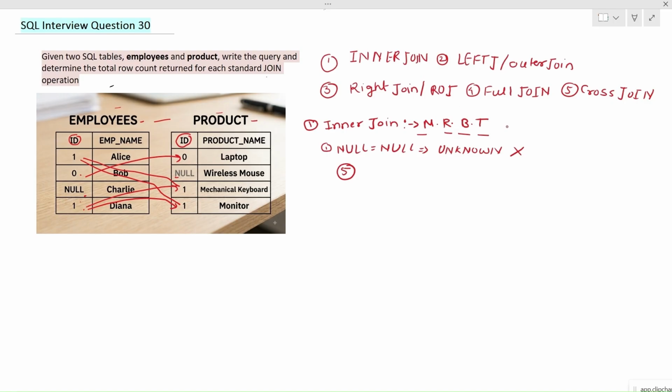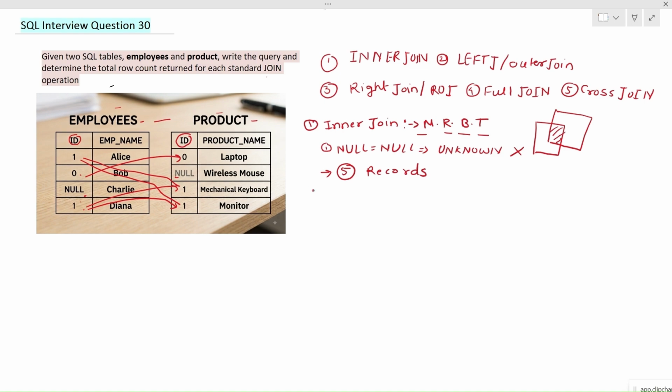Inner join is nothing but the matching rows from both tables. This is the matching row from both tables. So we will get five records in an inner join.